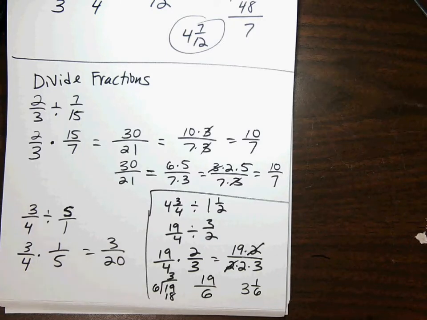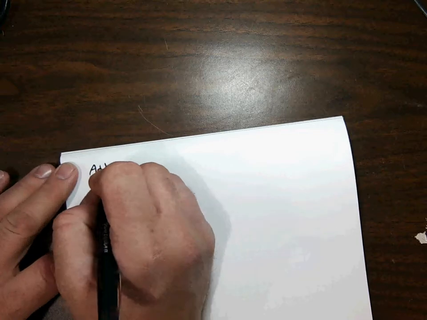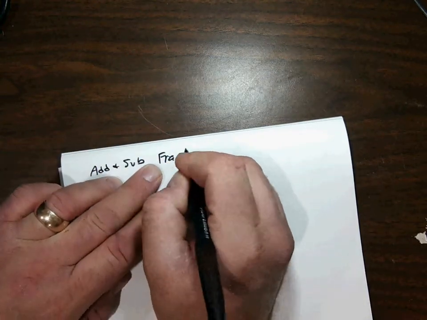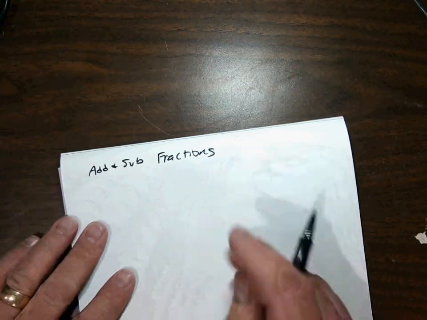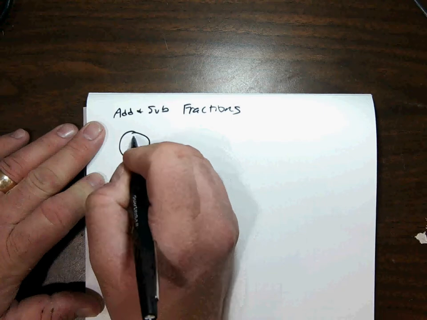What about adding and subtracting these fractions? Oh, baby. Adding and subtracting. There's a problem when we're adding and subtracting. Okay. Let's look at the pie chart again.